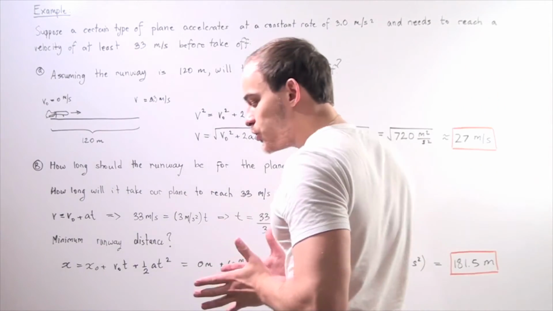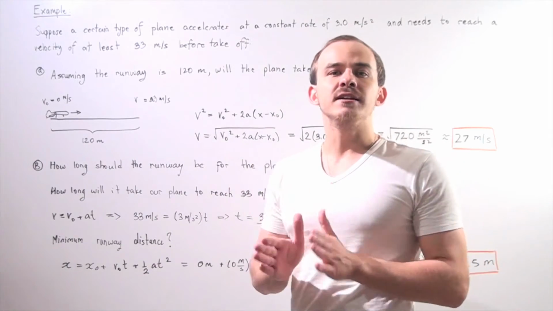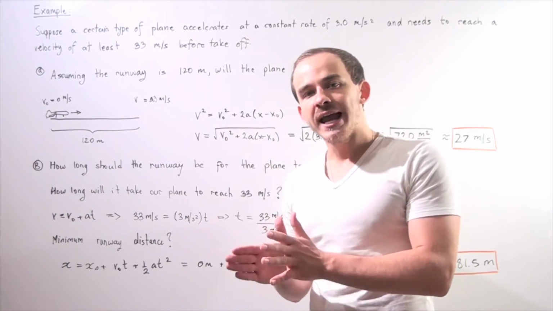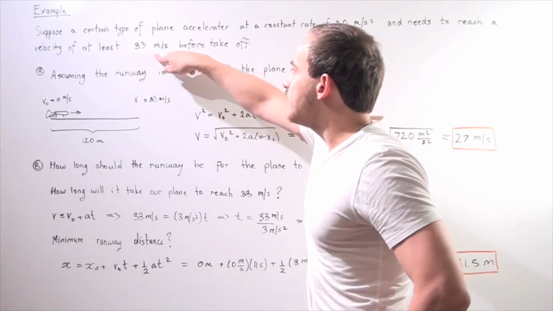So we have to use one of the equations that will allow us to find the final velocity of our plane. And then we compare that final velocity with this given velocity.